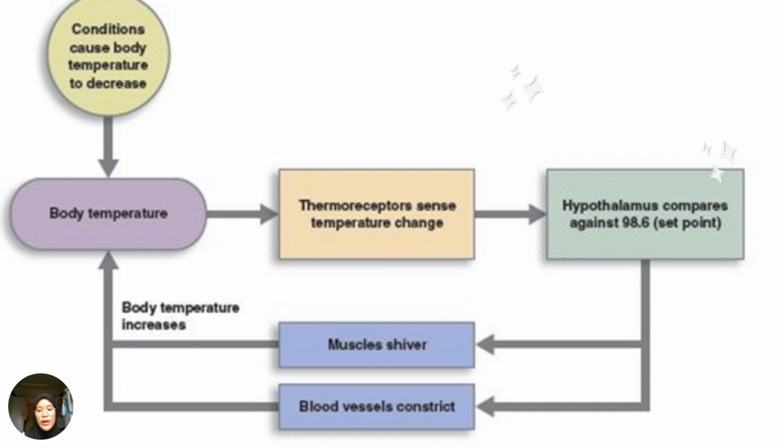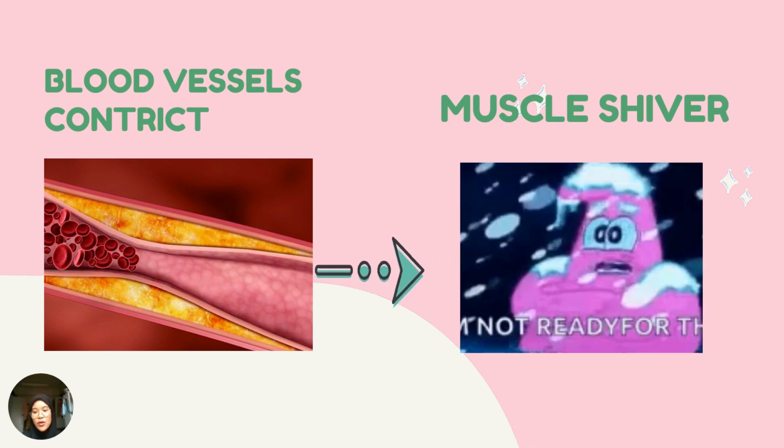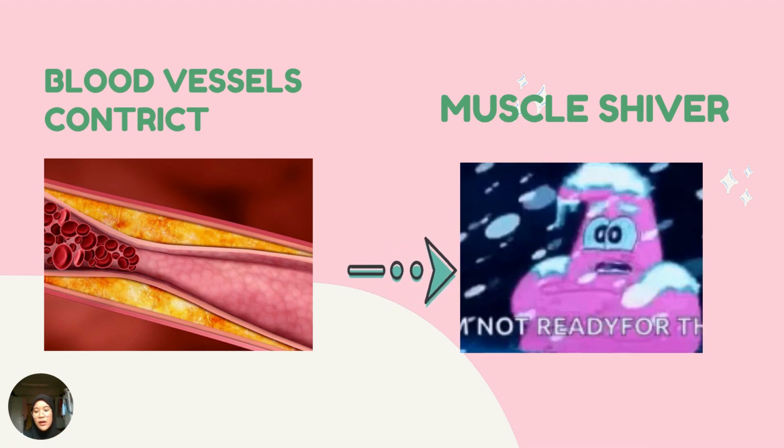When our body temperature drops, our hypothalamus initiates several physiological responses. It will increase heat production and conserve heat to keep the body warm. Our body will start to increase the production of heat by shivering. Next, vasoconstriction occurs, which is when the blood vessels under our skin become narrower.